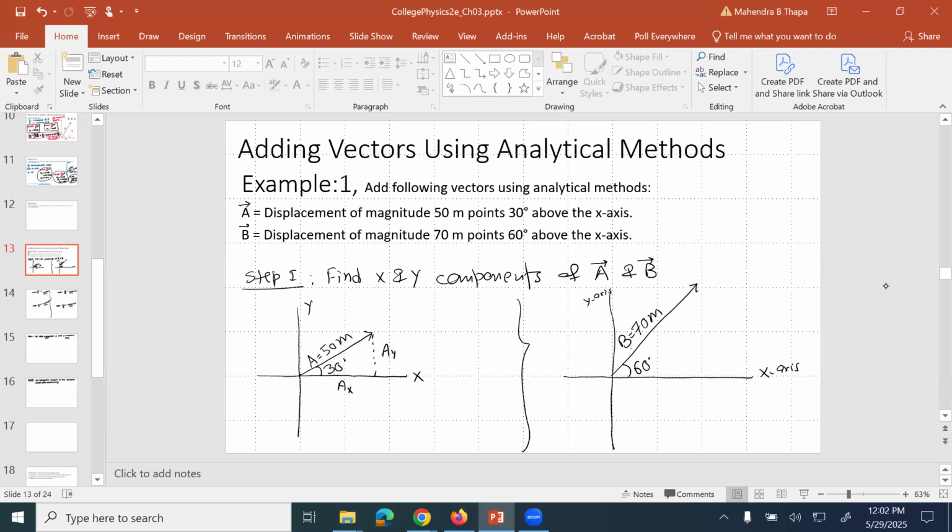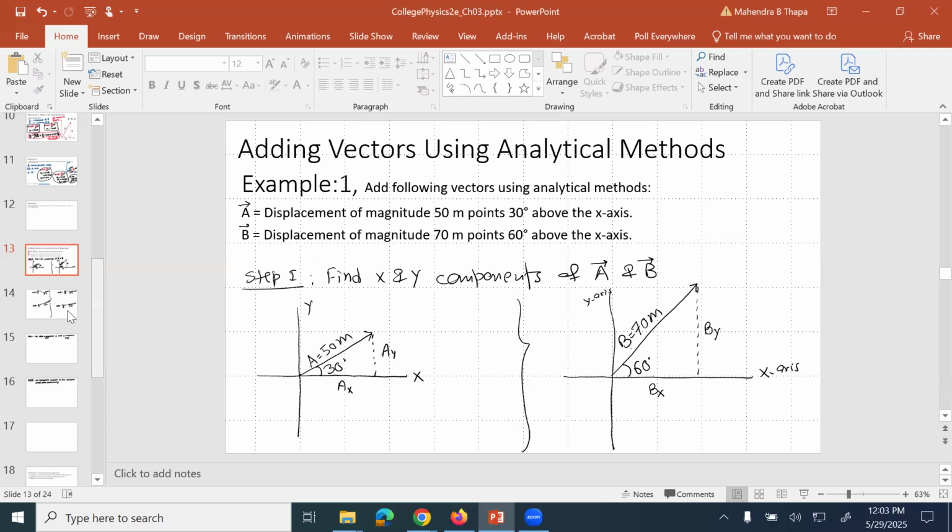Similarly, for vector B, this is the y component BY and this is the x component BX.